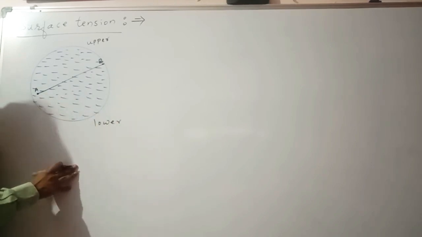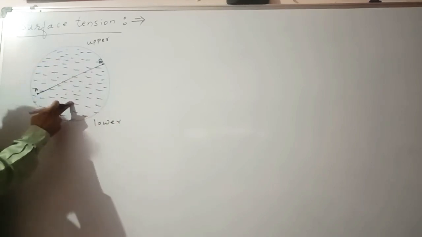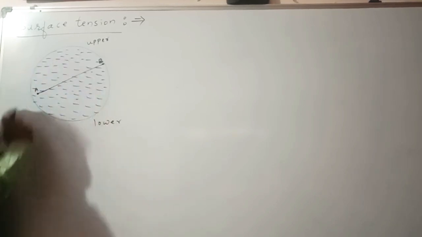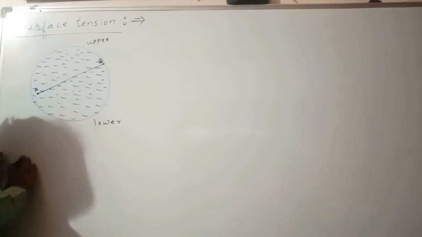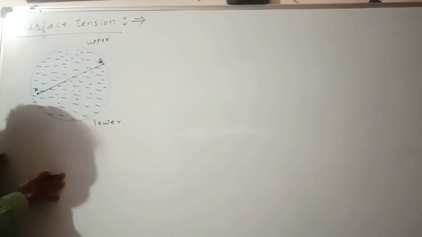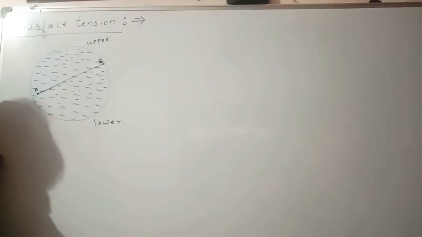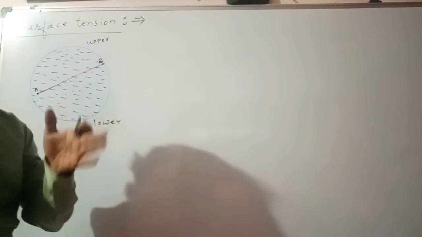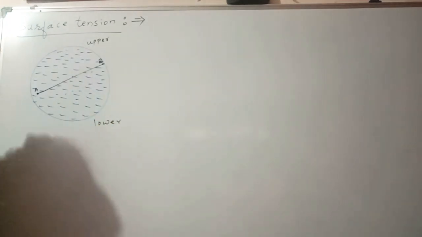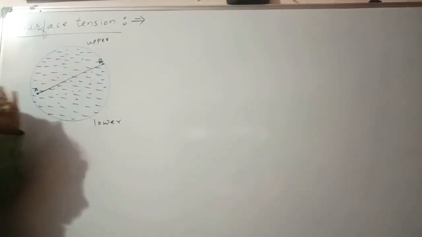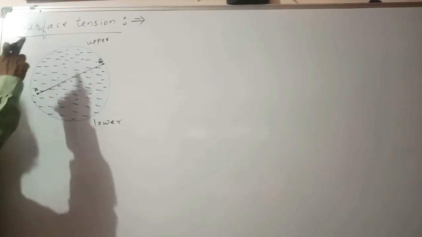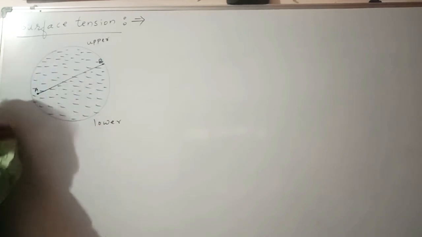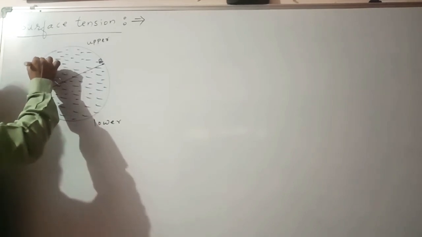Now the upper surface attracts the lower surface, we know obviously, and the lower surface also attracts the upper surface, because in between any two objects there is a force of attraction according to Newton. So Newton concludes that in any two objects there is a force of attraction. That's why each and every object attracts each other. Therefore the upper part attracts the lower part, and at the same time the lower part also attracts the upper part. So they are exerting a force.